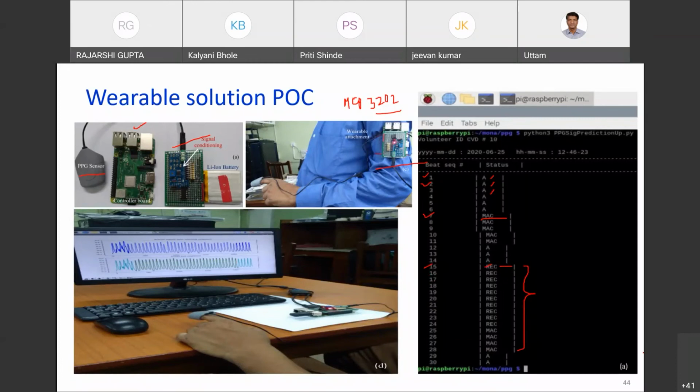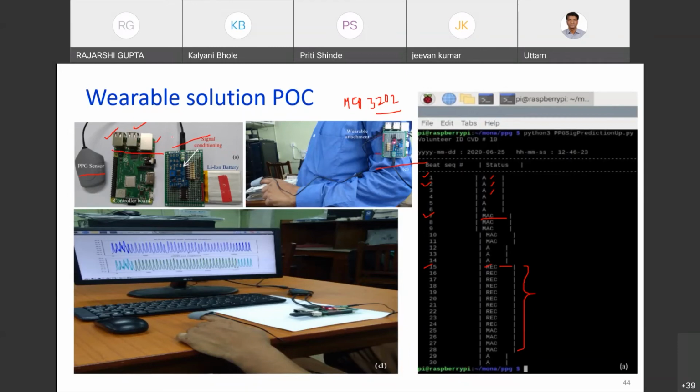So it is possible to develop wearable solutions, because you can see that this can just be put in an armband. This is a laboratory-type prototype. We could not develop any commercial type because that is not possible in our laboratory infrastructure, but it is possible to have a smaller version of the Raspberry Pi, like the Raspberry Pi Zero W. The space can be much lower, because in the case of the Raspberry Pi, what I found is that there are some LAN ports and USB ports that are not much useful.